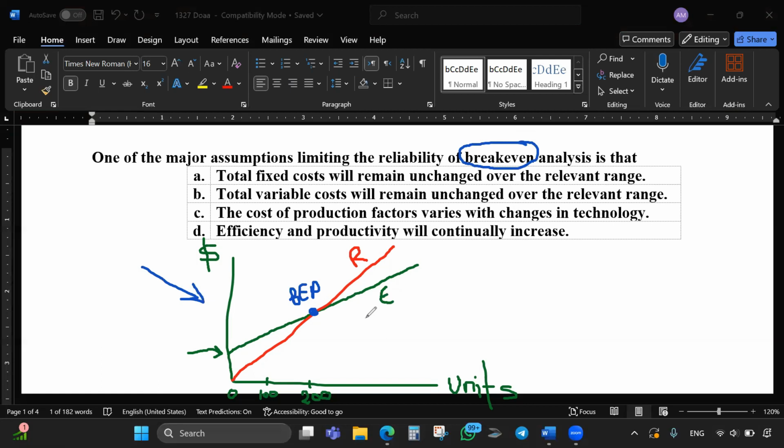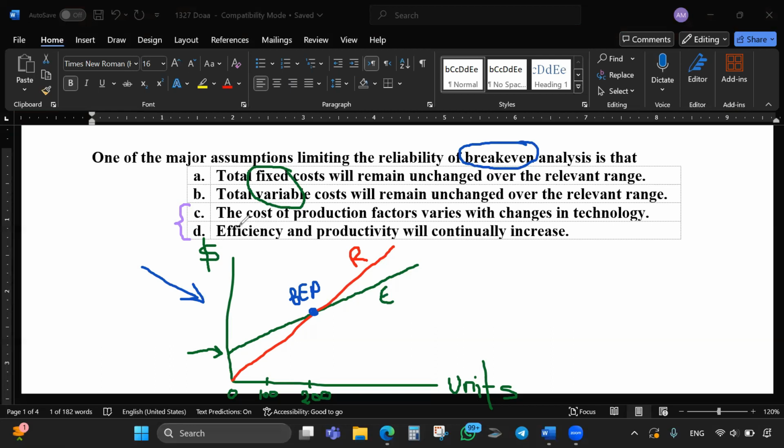This graph represents the 2 types of costs in the green line, which is variable and fixed cost. So your answer should be talking about fixed or variable cost. These 2 answers, C and D, shouldn't be in your selection because they are not talking about the variable or the fixed cost.